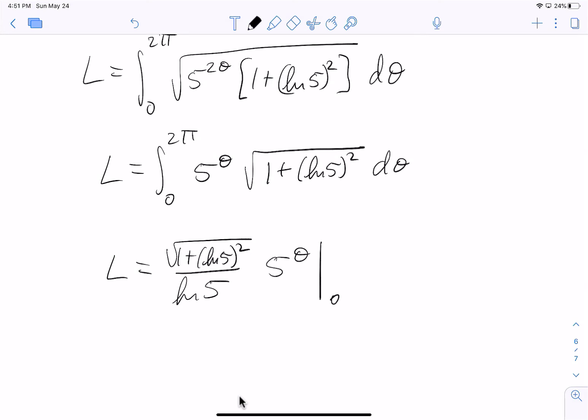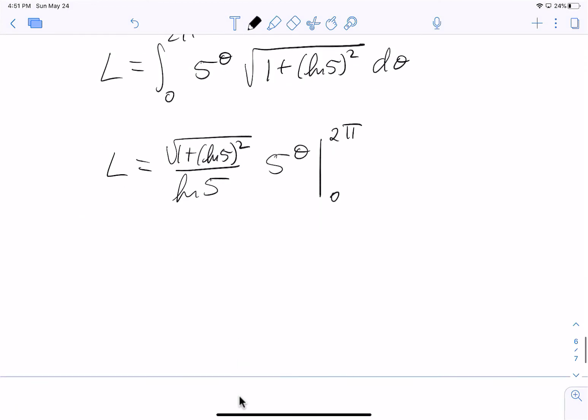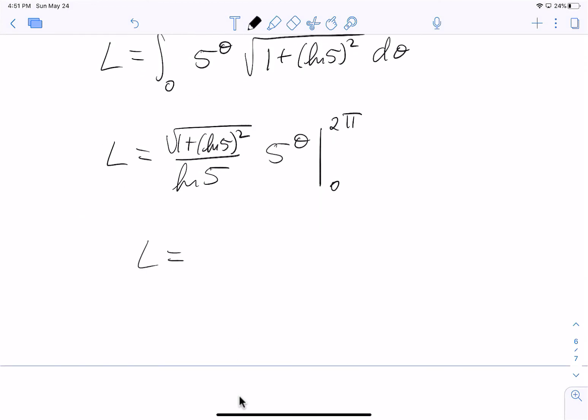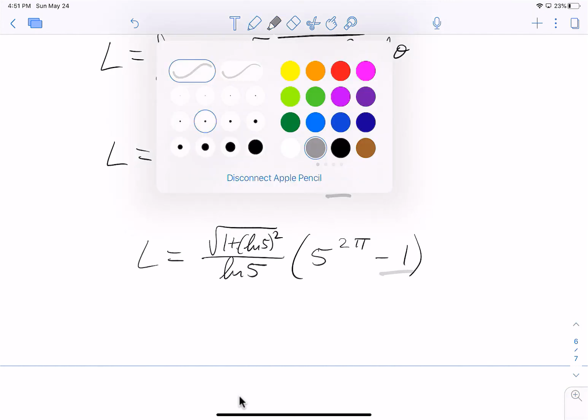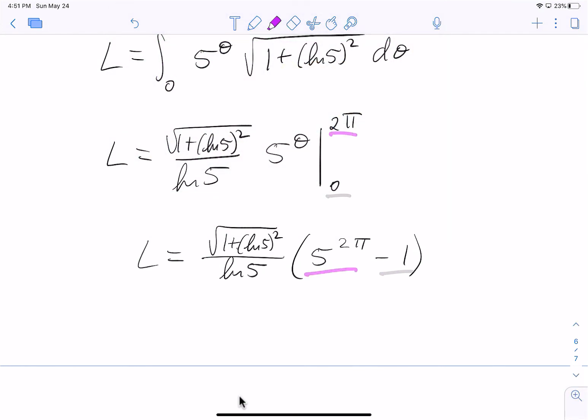This will be evaluated from 0 to 2 pi. Our length then becomes the square root of 1 plus the natural log of 5 squared divided by the natural log of 5 times the quantity of 5 to the 2 pi minus 1. That's what we get when we put 0 in place of theta and 2 pi in place of theta.